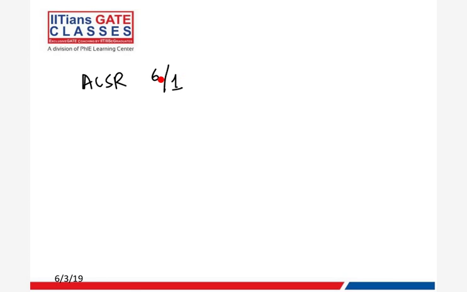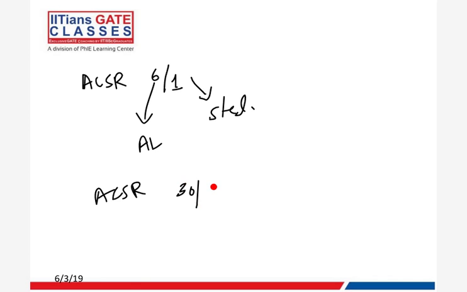So this means 6 aluminum and 1 steel, right? And one other way of representing is ACSR 30 by 7. So that means 30 aluminum and 7 steel.